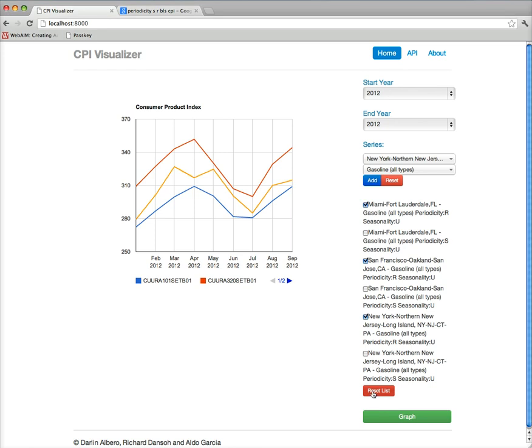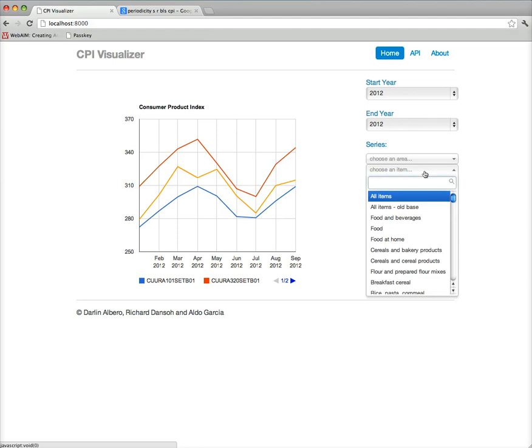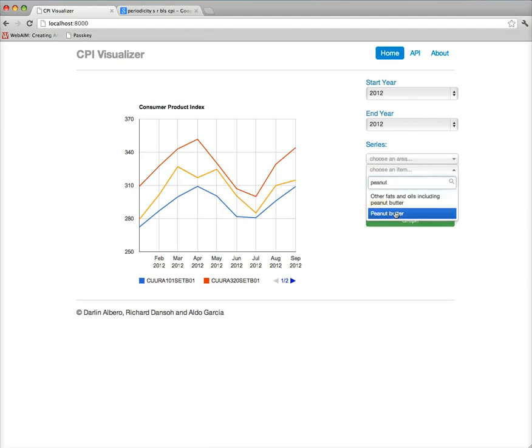And now let's reset this. Initially, we started our query by looking up areas and going from those areas to look up the categories specific to those areas. But we can also go backwards. So let's say we look up, I don't know, peanut butter.